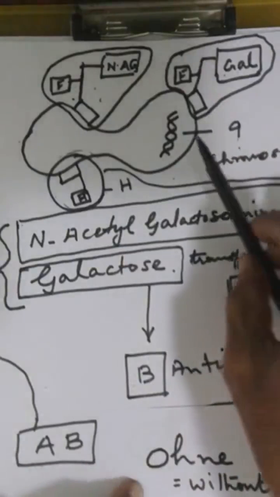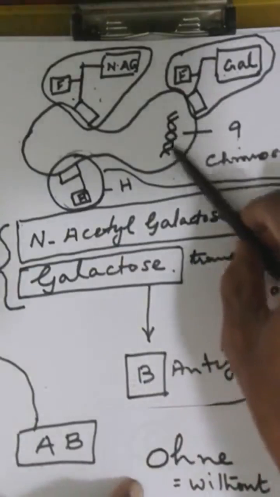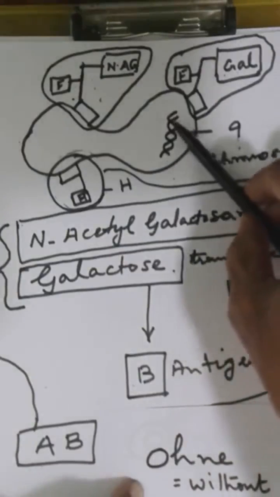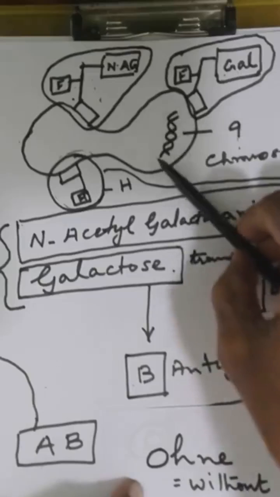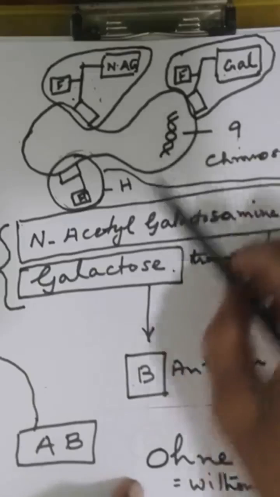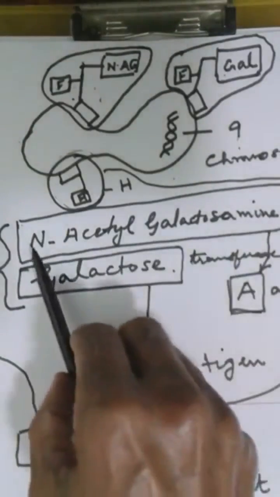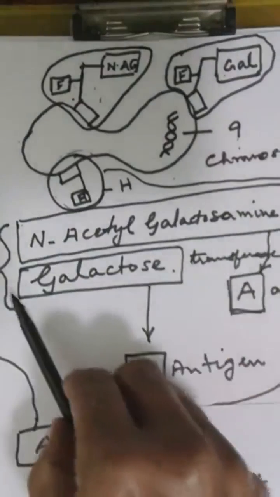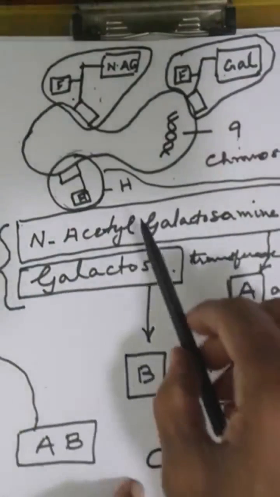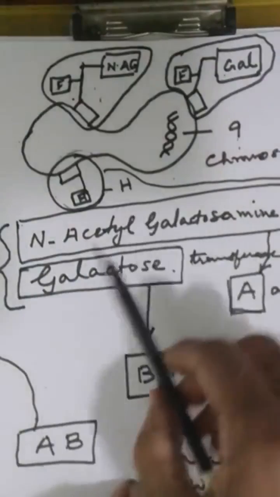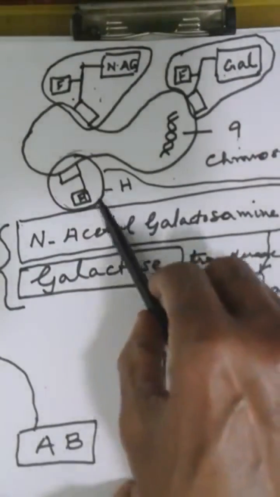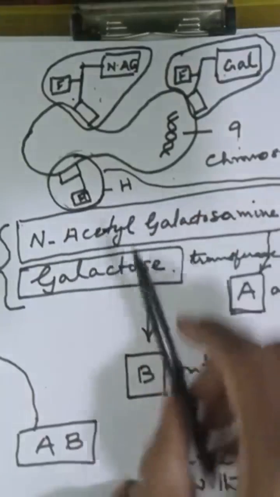So, there may be some mutation or some other problem in the gene, so that these enzymes for N-acetyl galactosamine or galactose, both enzymes are not produced. Only the H substance remains.